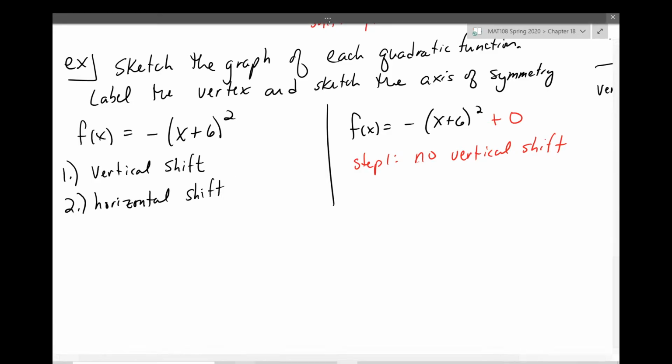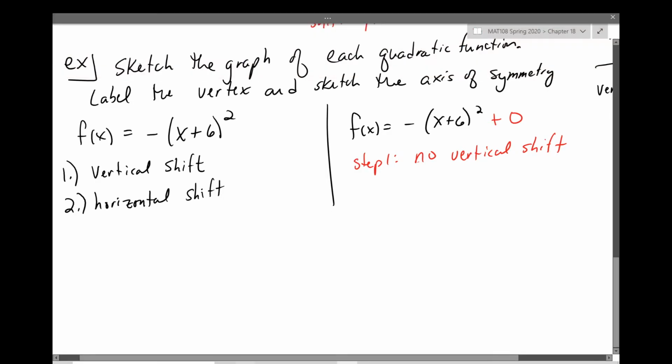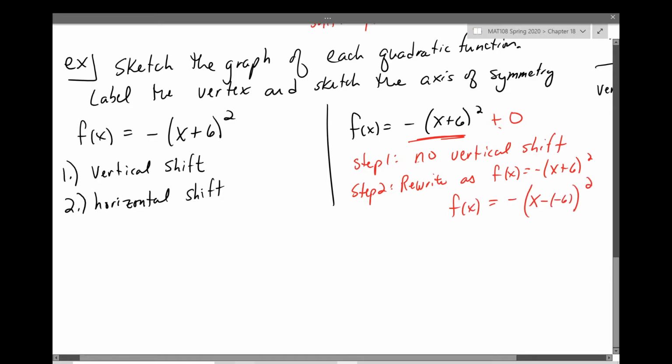Now, for us on the right-hand side, you have to remember, this has to be written in the form x minus negative h because it's x plus 6, okay? So first I'm going to write out the original, and then underneath I'm going to make that x minus negative 6 quantity squared.